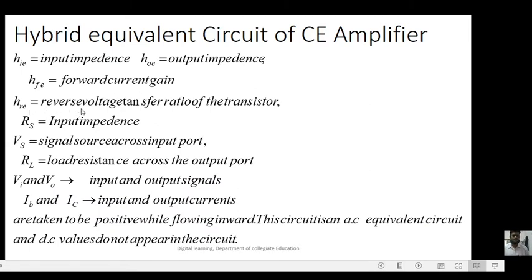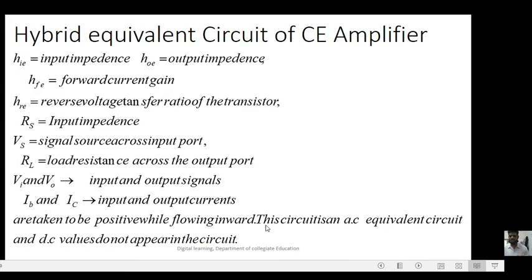Vs is the signal source across the input port, RL is the load resistance across the output port. Vi and V0, the input and output signals, are taken to be positive while flowing inward.